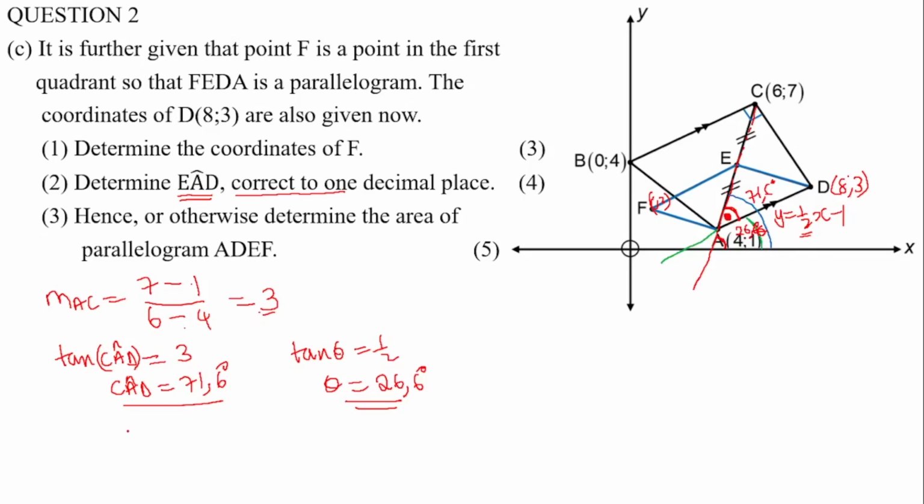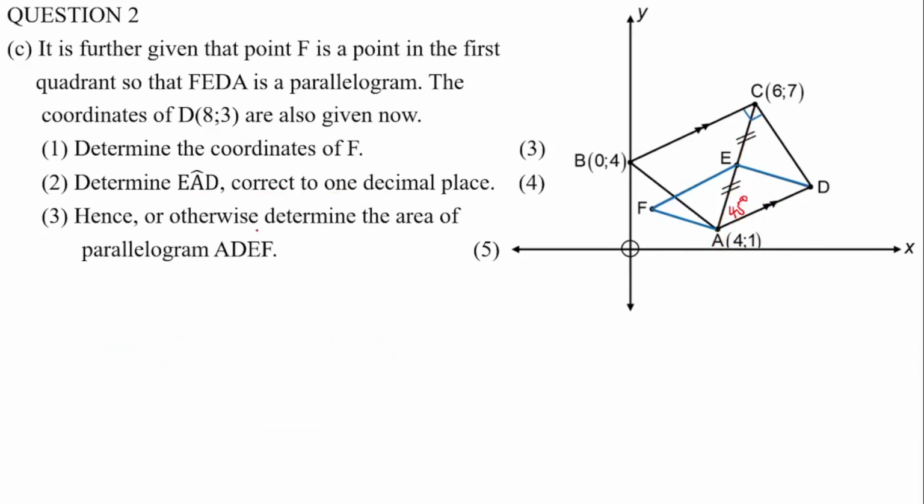Therefore, angle EAD is equal to 71.6 degrees minus 26.6 degrees, which is equal to 45 degrees. So this angle is 45 degrees.